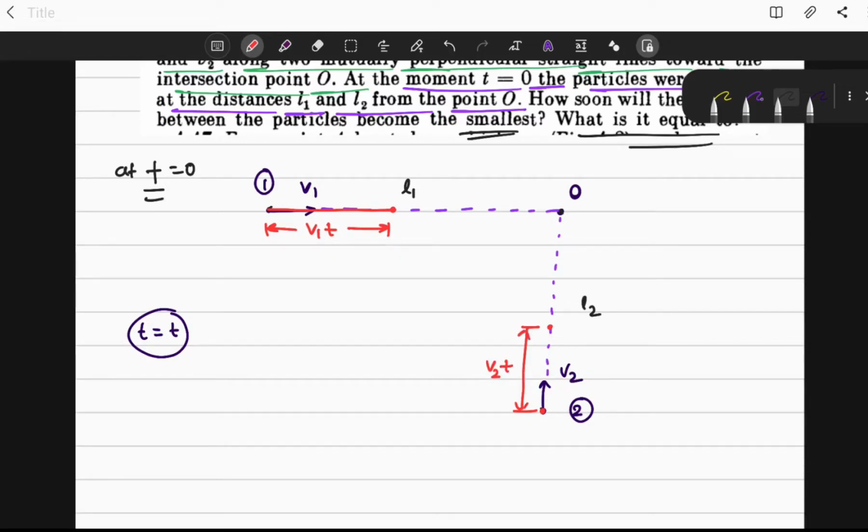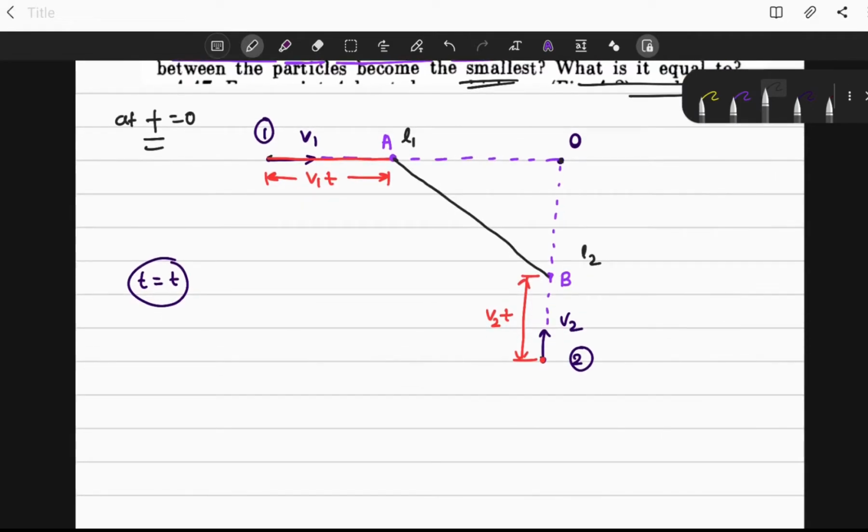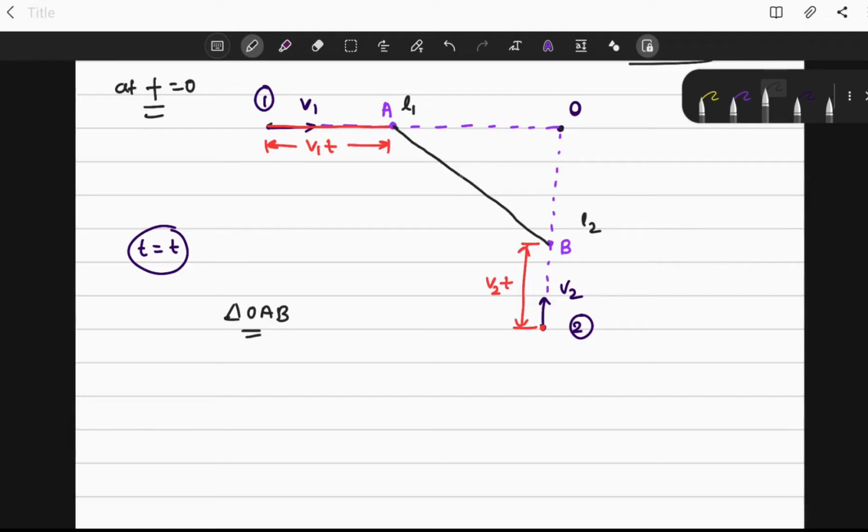Now at time t, this is the location of particle A and this is the location of particle B. To find the distance between these two particles, we can draw a straight line between them, and we can see that the triangle OAB is a right angle triangle. So from Pythagoras theorem, AB is equal to the square root of OA square plus OB square.